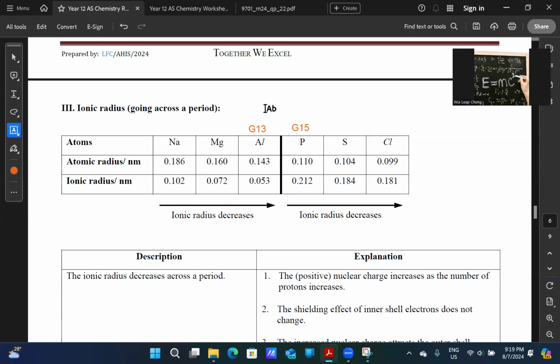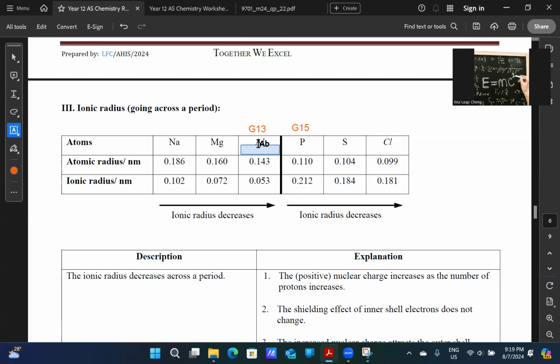Carbon. Carbon will share its electrons with oxygen to form carbon dioxide. Carbon dioxide is a covalent compound, not an ionic compound, understand? So when we discuss the ionic radius, we omit group 14 elements because they are rare to form ions, okay?